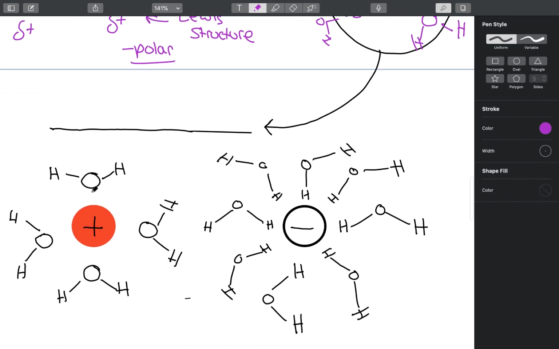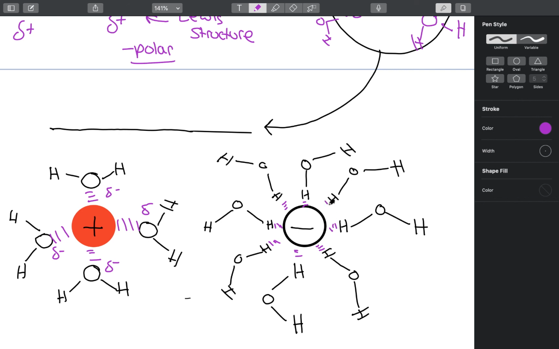And what happens is the water molecules orient themselves around each ion. The oxygens will orient themselves around the sodium ion, because once again the oxygens have a partial negative charge, while the hydrogens of water will orient themselves around the chloride ion, because they have a partial positive charge.